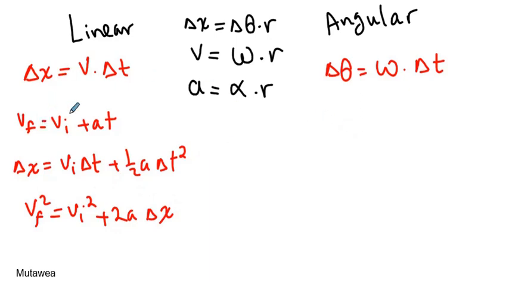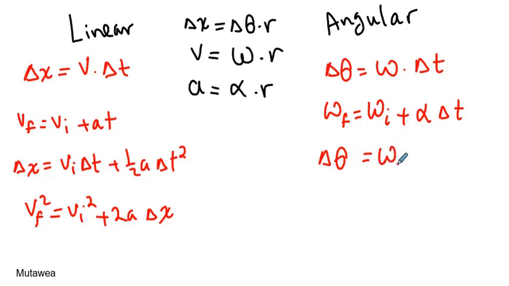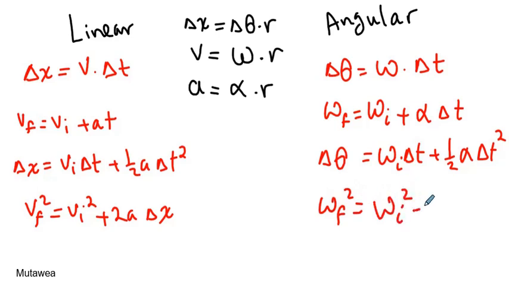So instead of v final, I will put omega final equals omega initial plus alpha times delta t. Delta theta, instead of delta x, equals omega initial delta t plus half alpha delta t squared, and omega final squared equals omega initial squared plus 2 alpha delta theta.